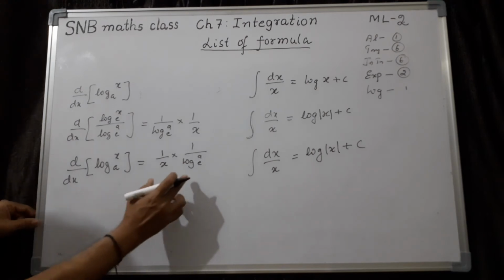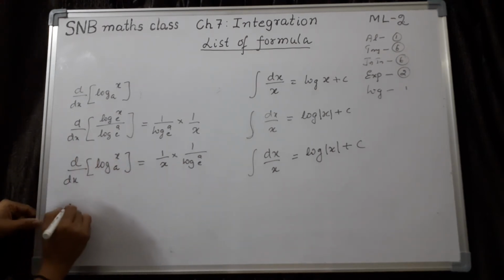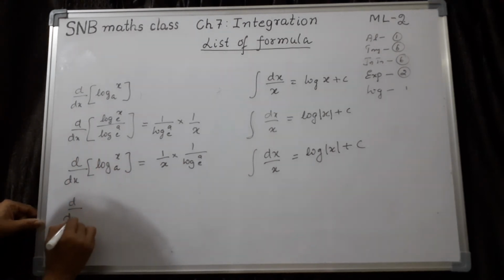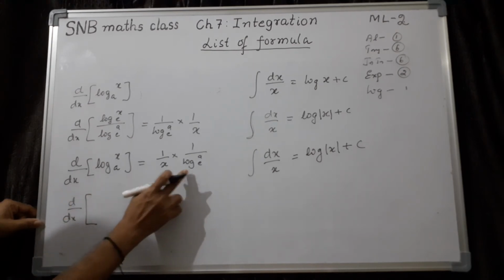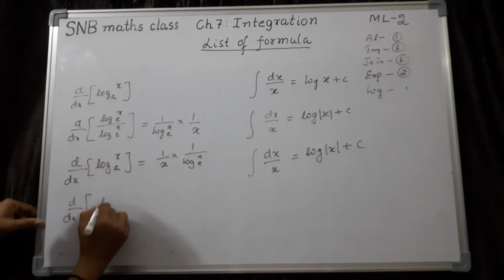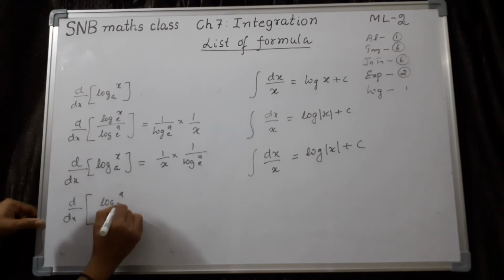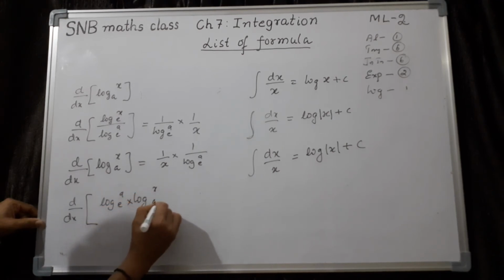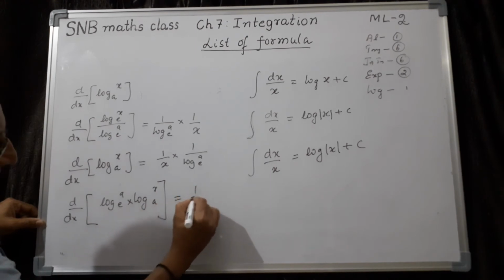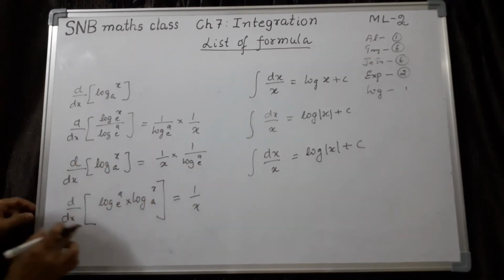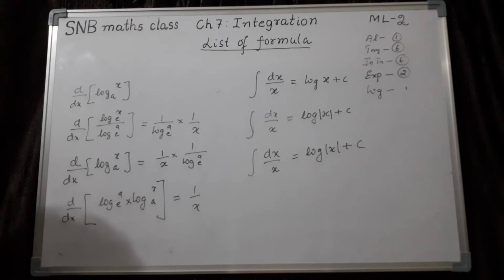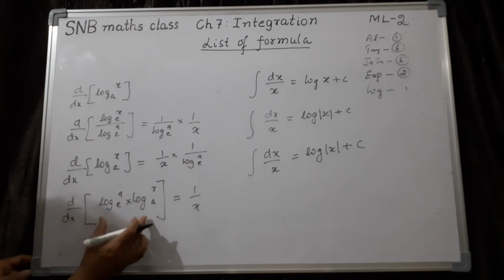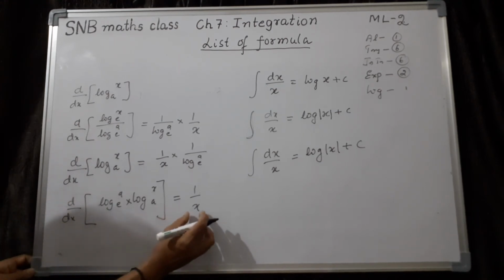Therefore we can bring this here. So d by dx of log a to the base e into log x to the base a will be equal to 1 by x, because it is a constant, I can bring it inside. So now by definition, this is our capital F of x, this is our small f of x.